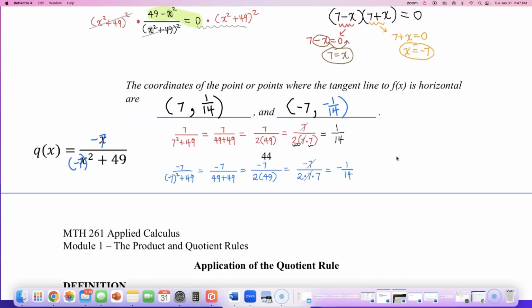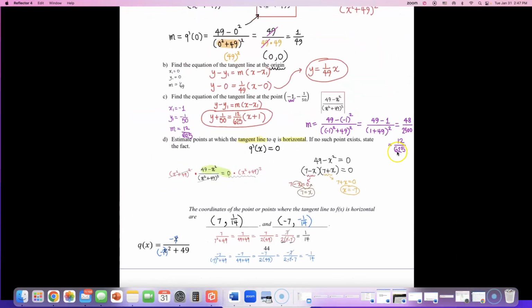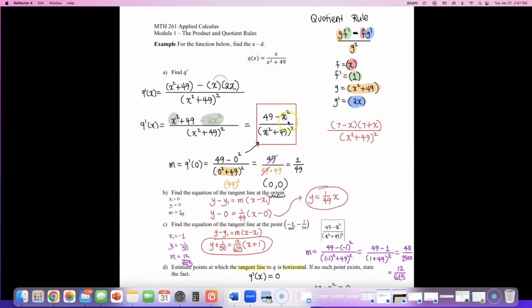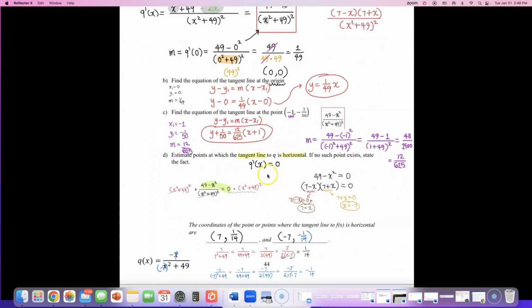We went over this one big problem when we started with finding the derivative using the quotient rule, found the equation of the tangent line using that derivative function. And the last one was special. We were trying to find points whose tangent line to this function is horizontal. And the trick was to set the derivative equal to 0, okay?